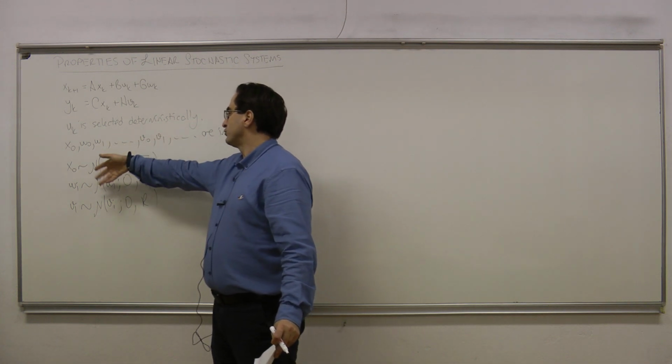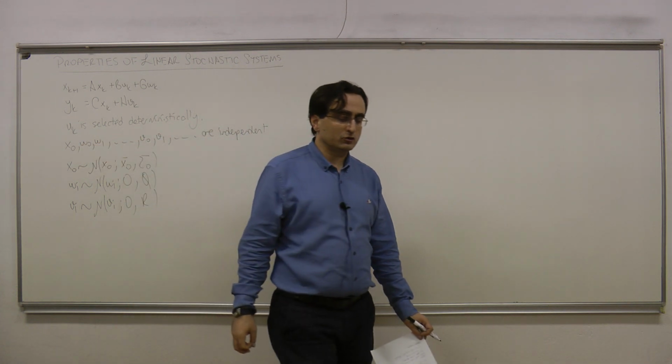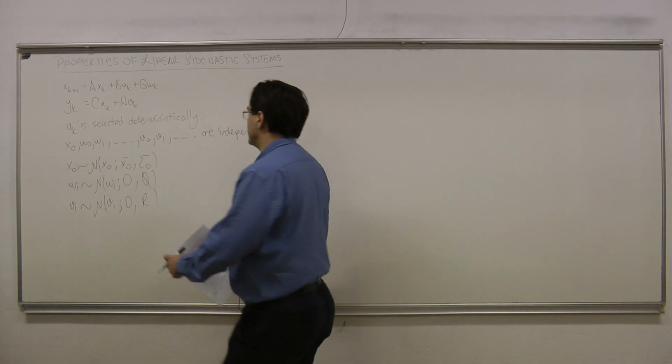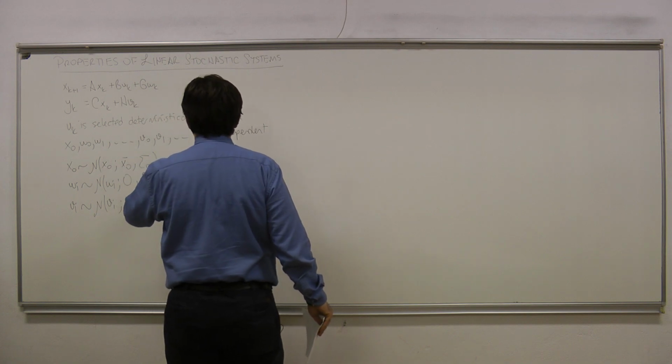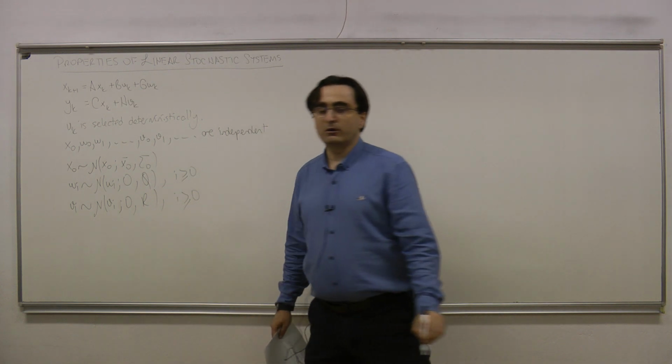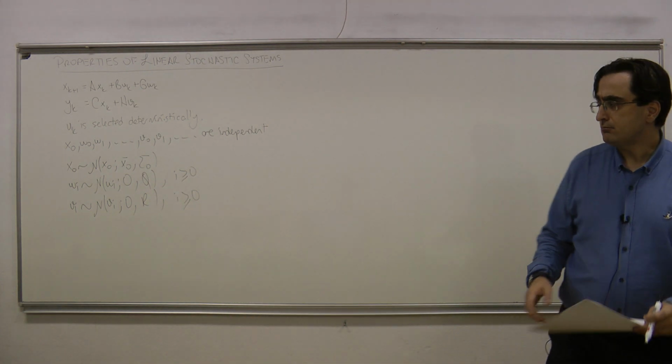So the joint distribution factorizes into marginal distributions, and the marginal distributions are given with these rules. Of course, this is true for all i larger than or equal to 0 and for all j larger than or equal to 0. All right?